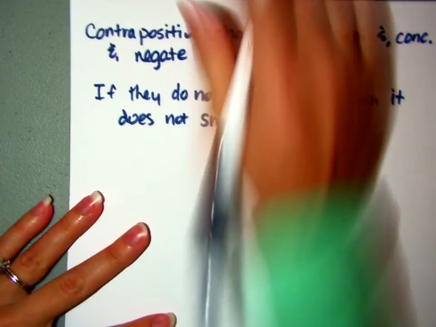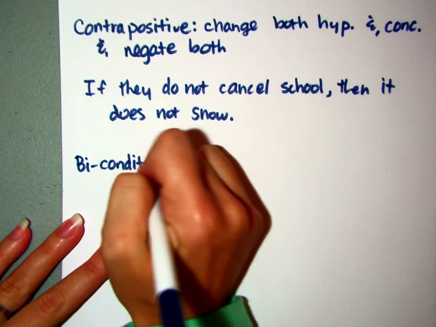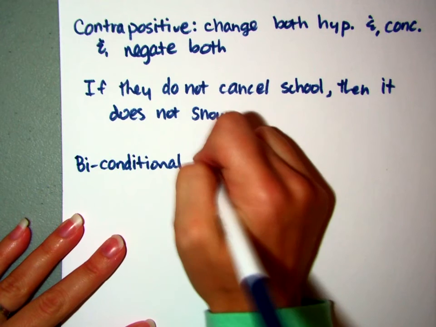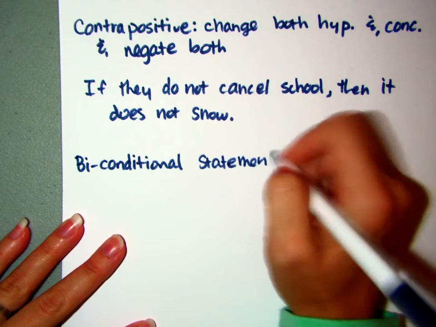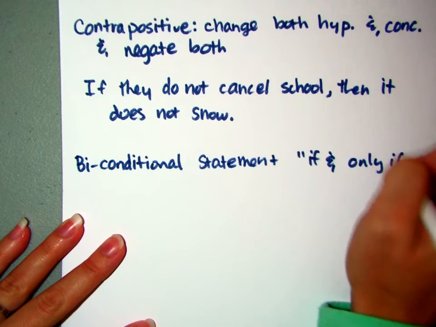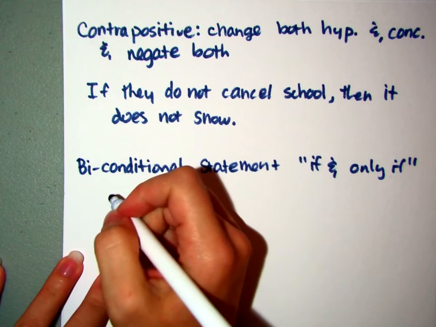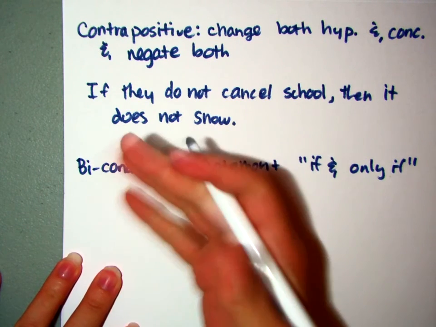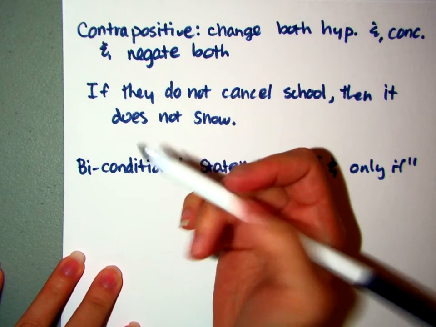And then lastly, let's talk about biconditional. A biconditional statement uses an if and only if. It is always the case that it's true when both parts have the same truth value.